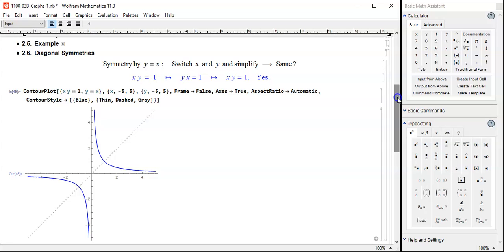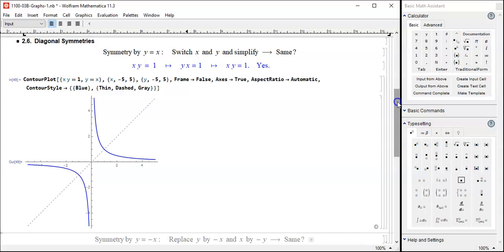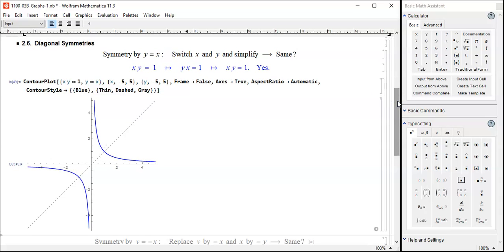Switch x and y and simplify. Do we end up with the same thing as before? Then, yes, symmetric with respect to the diagonal x equals y. Please note that this is x equals y. And if you fold this graph paper with respect to this diagonal, fold it over, we'll have a perfect match. And look at this.